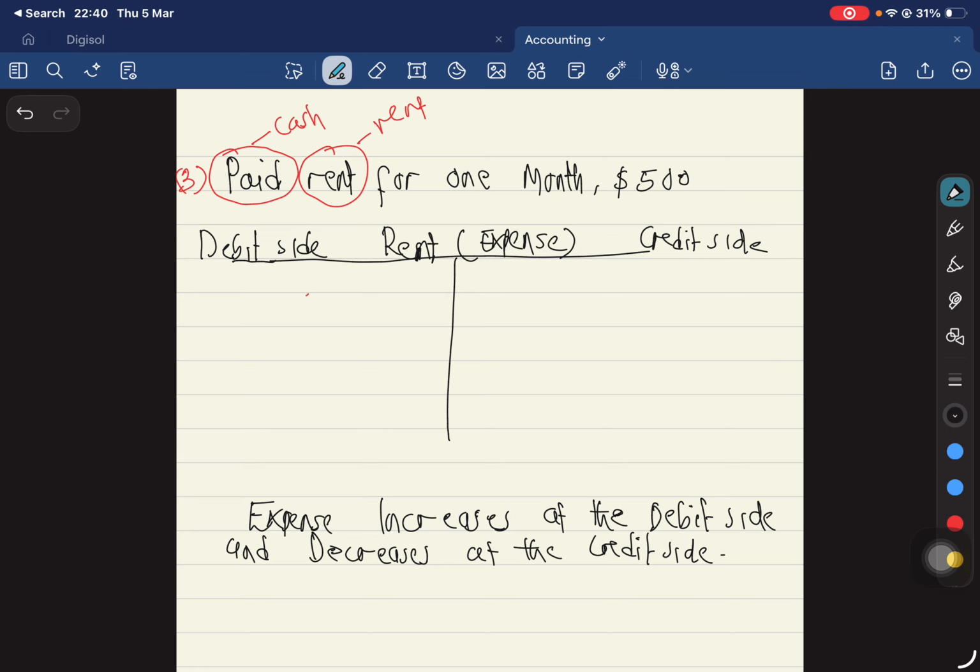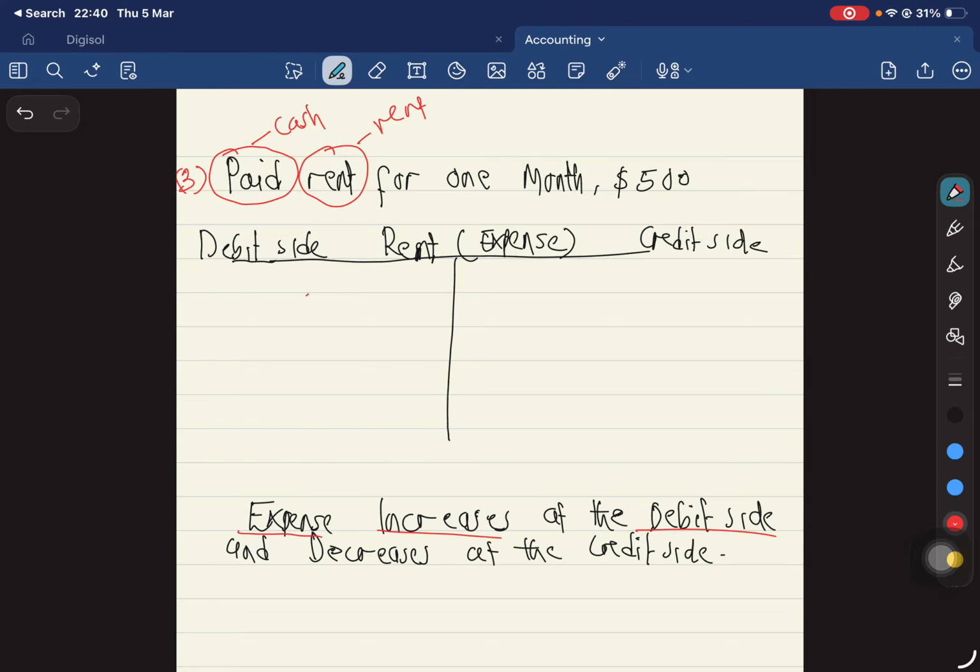So the question said paid rent for 1 month. So it means our rent expense increased. Per the accounting rules, expense increases at the debit side.